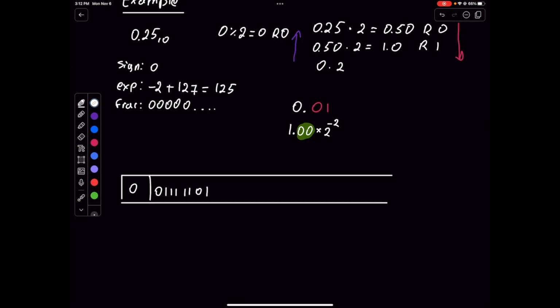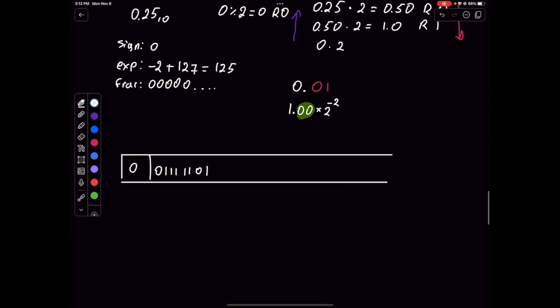You can watch the videos I've posted earlier to figure out how to do those calculations. And here it's just a bunch of zeros, 23 zeros. So this is the sign bit, exponent, and the fraction or the mantissa portion. All right, pretty much we are done with that one.